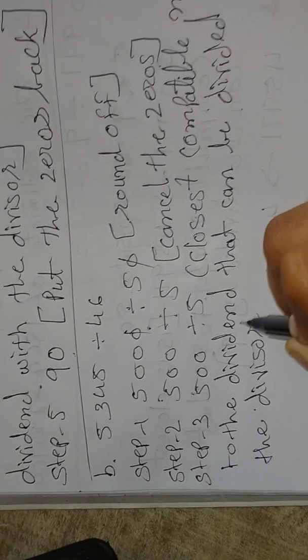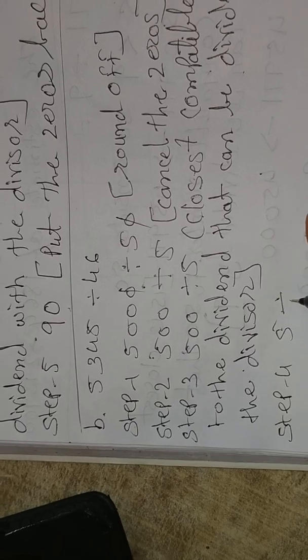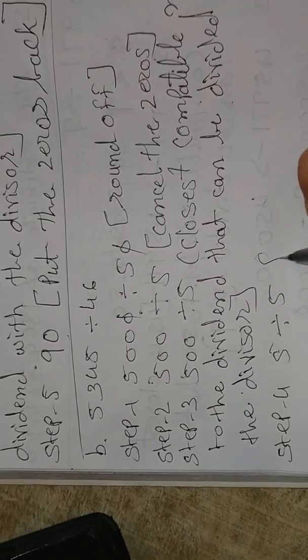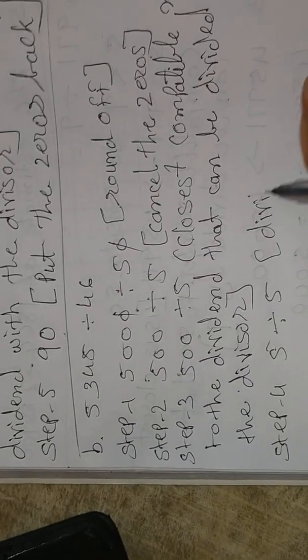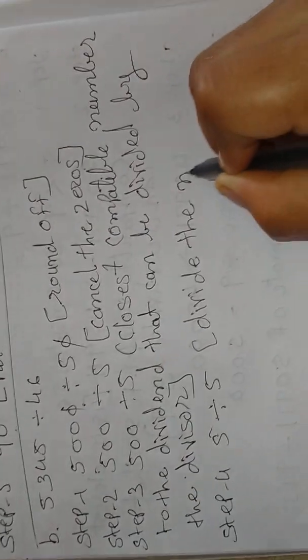Then step number 4, now students we have to cancel 2 zeros, so here we have to write 5 divided by 5 and in a bracket, divide the non-zero.